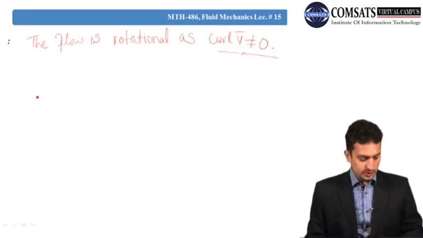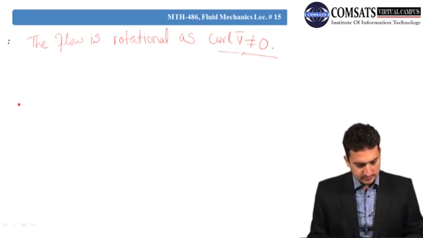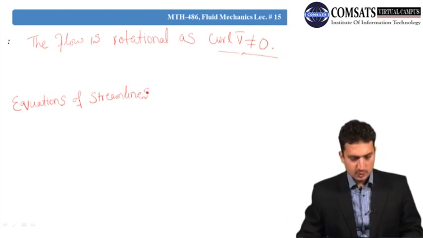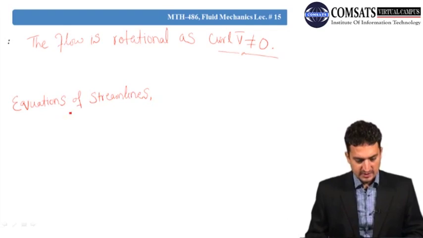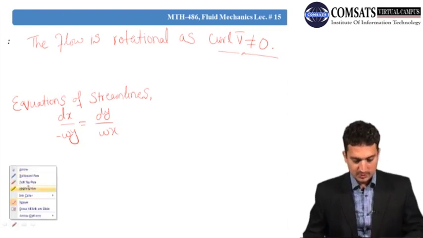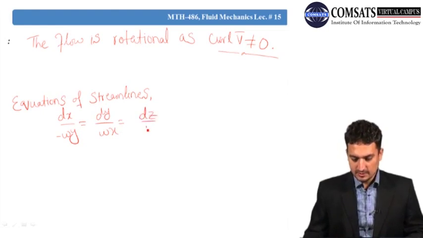For the equations of streamlines, we simply write that the equations of streamlines are given as dx by u, which is minus omega y, equals dy by v, which is omega x, equals dz by w, and w here is equal to 0.